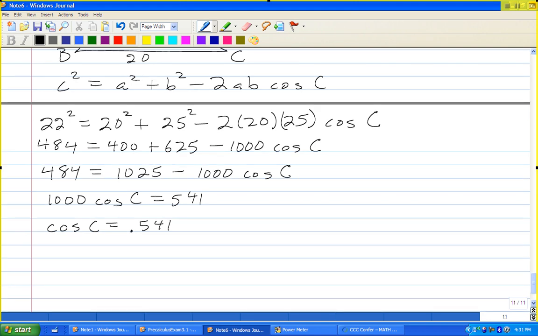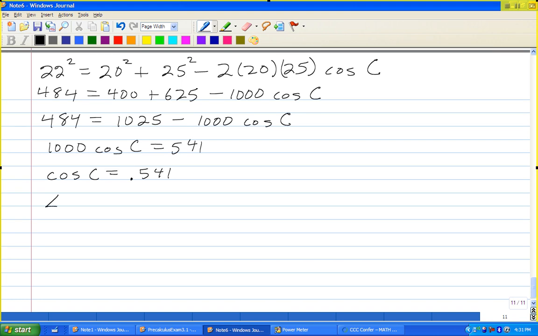And so I have that C is equal to cosine inverse of 541 over 1,000, which is approximately 57.24826084 degrees. Okay.